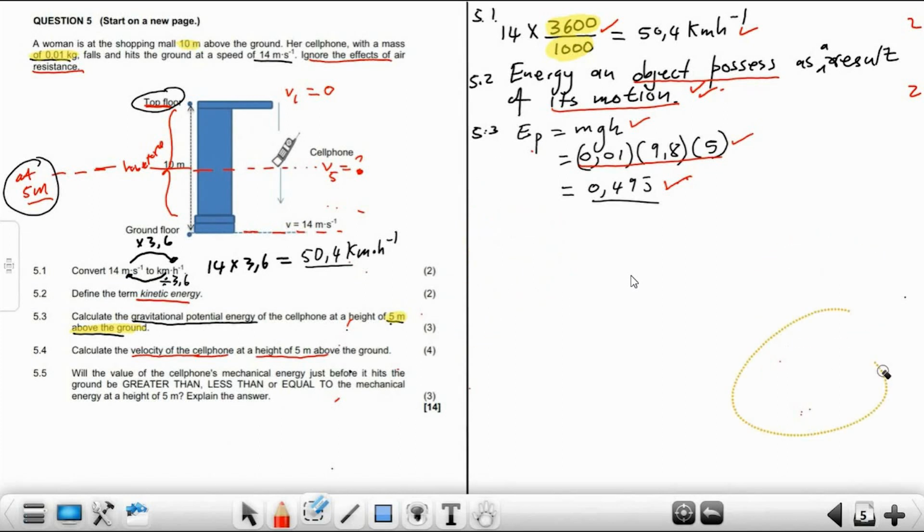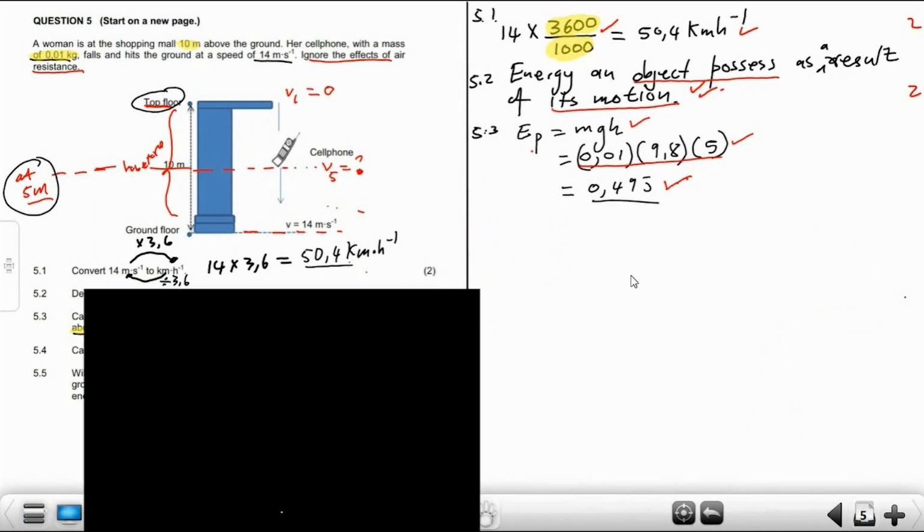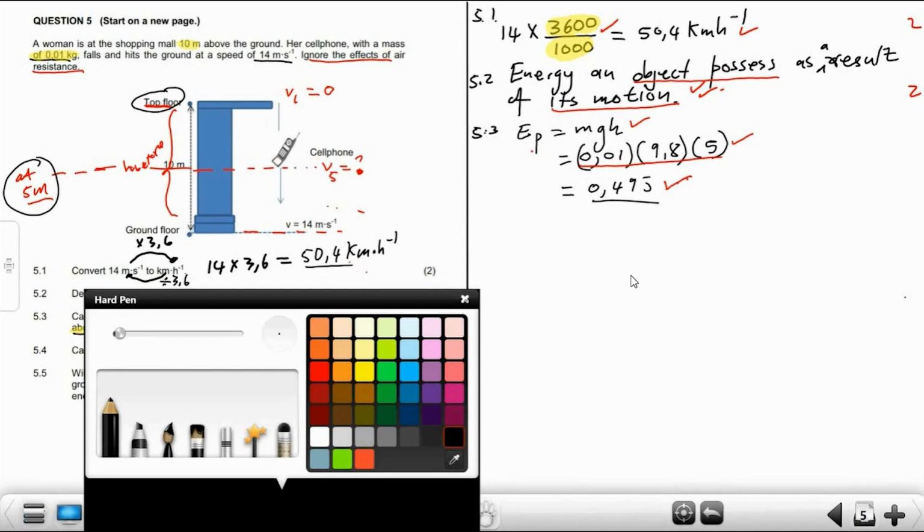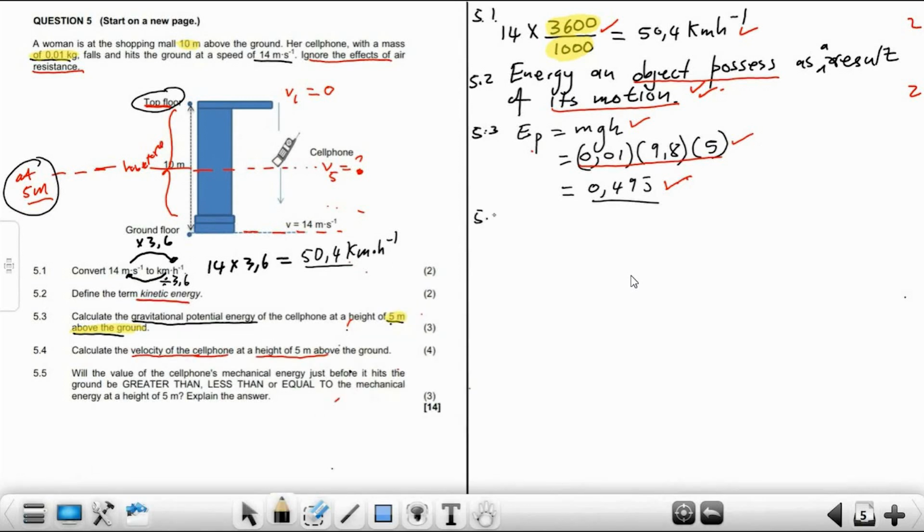Let's see how one can best apply the conservation of mechanical energy. So at 5.4, we say EP plus EK at the top is equal to EP plus EK at the bottom.